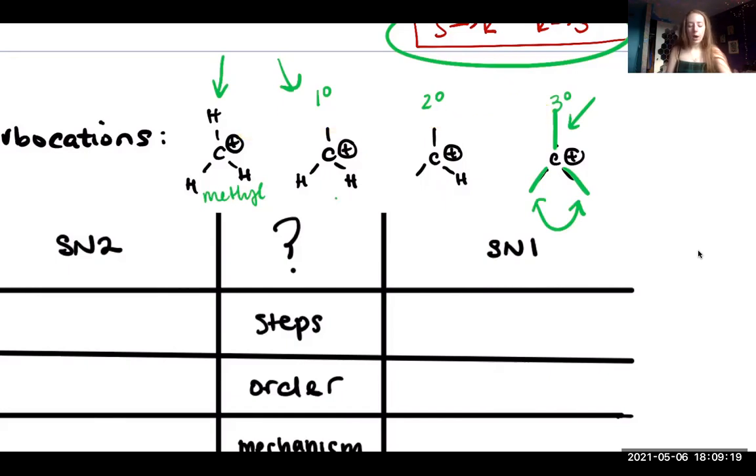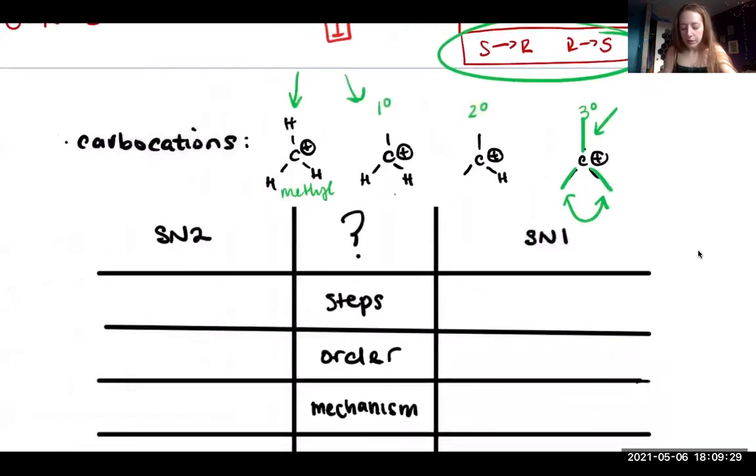So carbocations are only found in SN1, all right? And we'll break down the differences between SN1 and SN2. But just as a reminder, carbocations are only involved in SN1 reactions, okay? That's also what affects what kind of electrophile goes under SN2 or SN1.